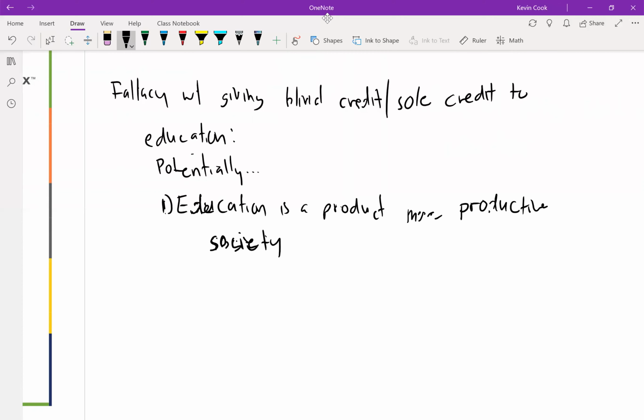So, whereas at first it seems like we have to have people educated so that our society can be developed and productive, I could very well take it and say it's just the opposite. That is, we have educated people because our society is productive.